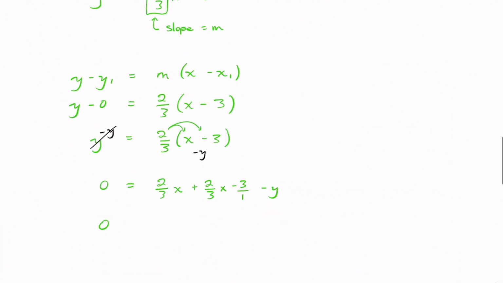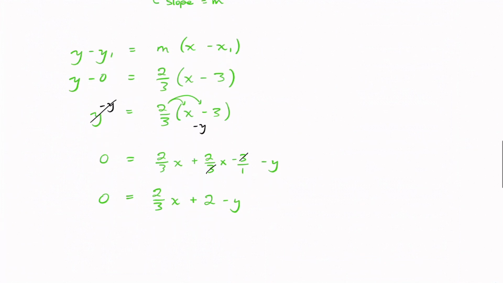So we got 0 on the left still, 2 over 3x, and then to multiply these ones, just multiply top with top and bottom with bottom, or if you ever see the same number in top and bottom, then you can cancel. So these two in the numerator and then the denominator, we can cancel those out. So I can see it's just 2 over a 1, and 2 over 1 is just a 2. So I just have a 2, and then there's a minus y.